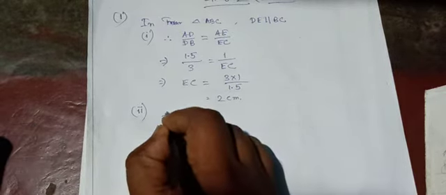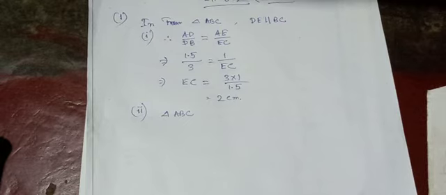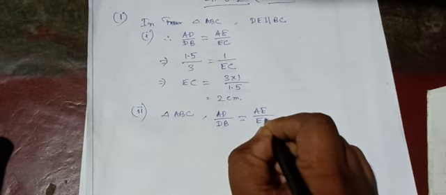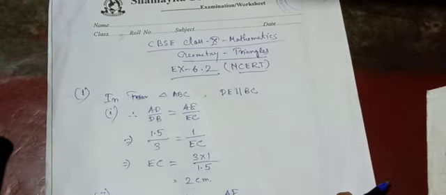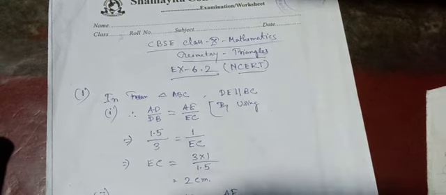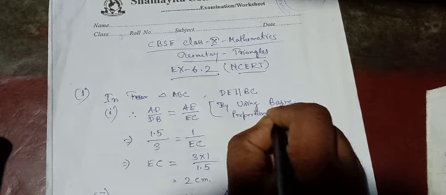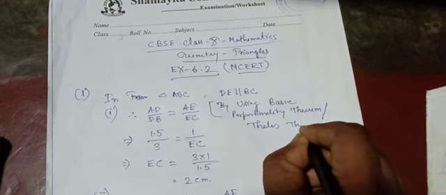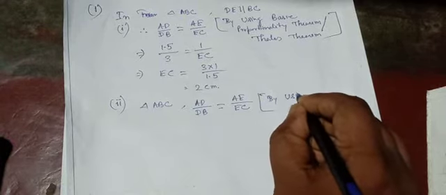Here in triangle ABC, in the second triangle, by using the basic proportionality theorem, or Thales theorem, AD by DB equals AE by EC.